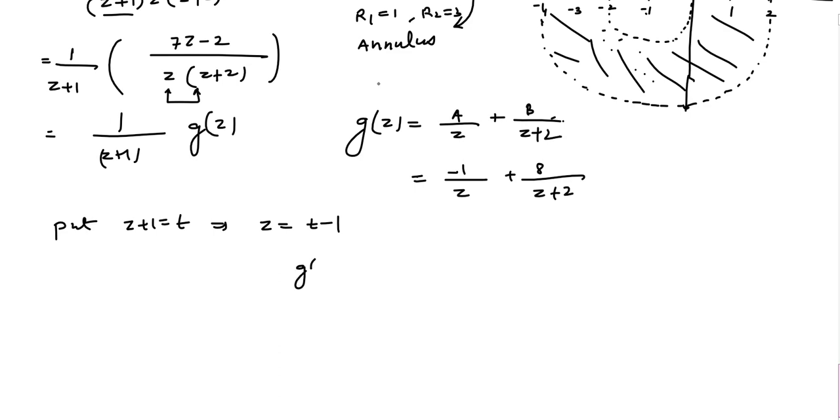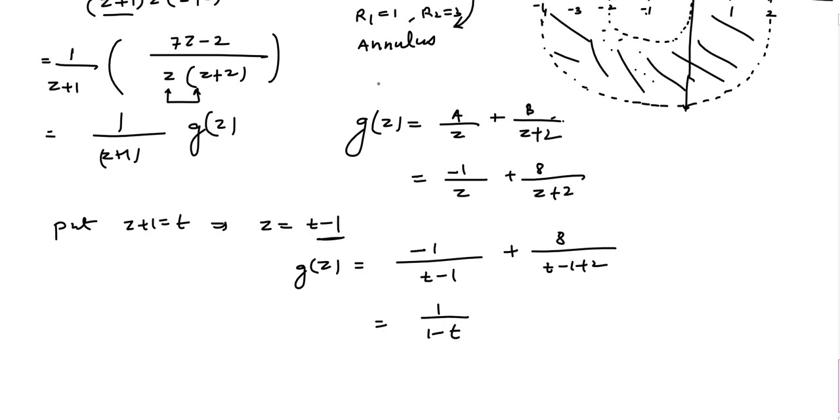So now replace the value z by t negative 1, then we have negative 1 upon t negative 1 plus 8 upon t negative 1 plus 2, that is 1 upon 1 negative t, and 8 upon 2 negative 1 plus t, that is 1 plus t.